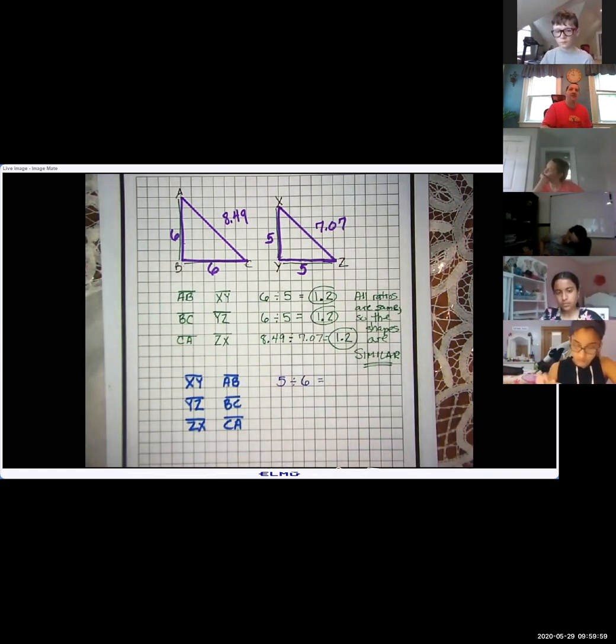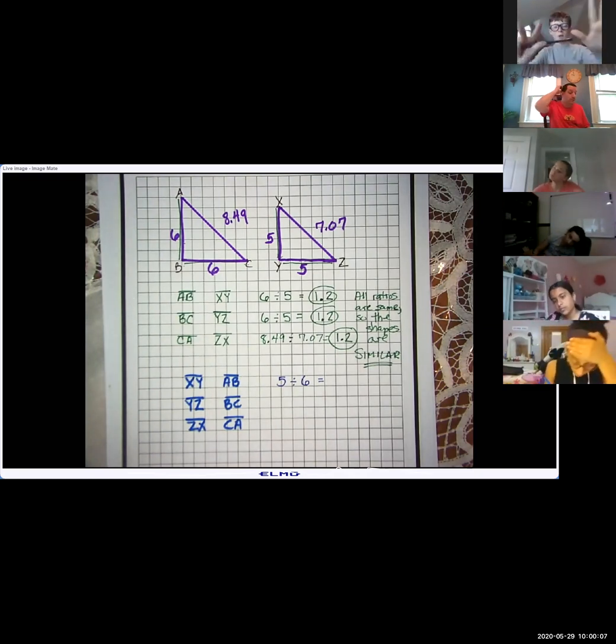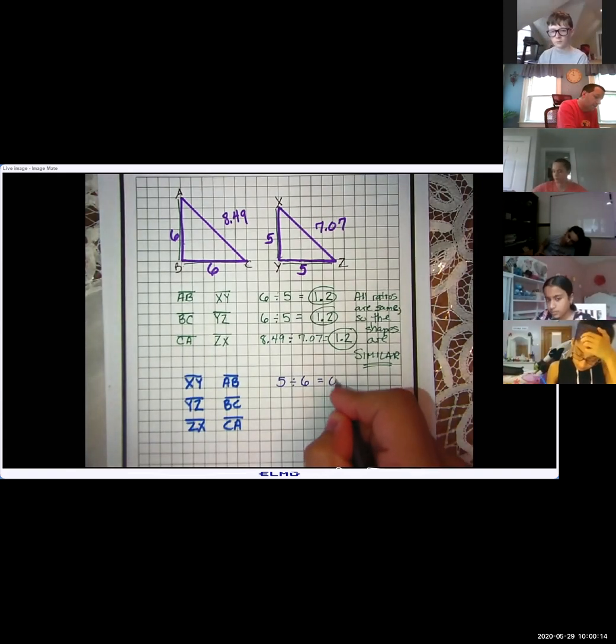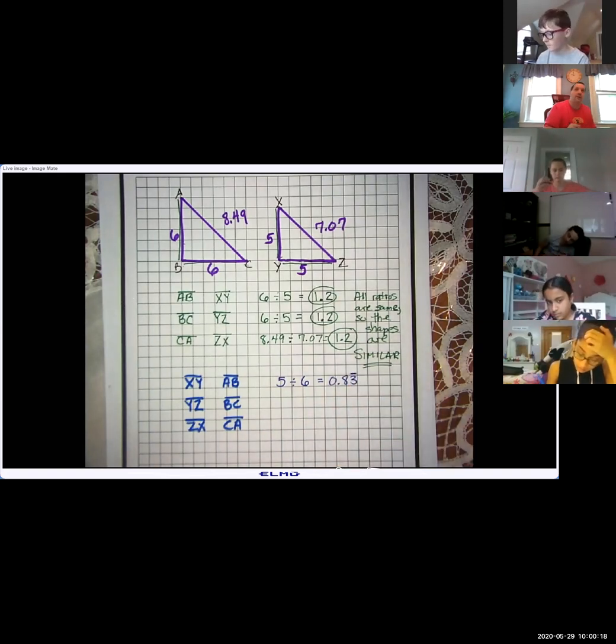What is 5 divided by 6? 0.83 repeating, and in math we put a bar, that means the 3 goes on forever.